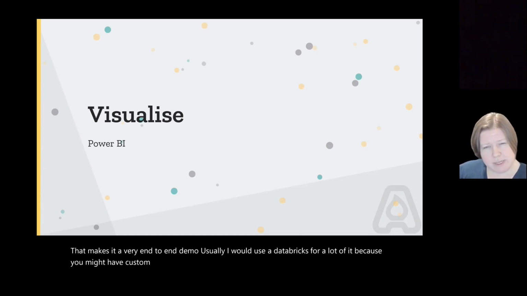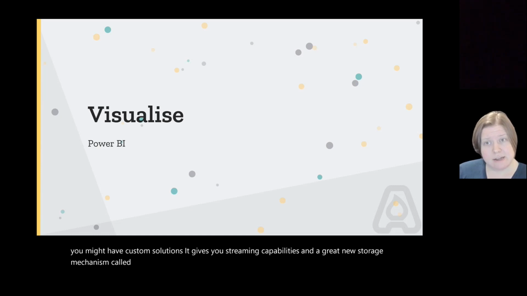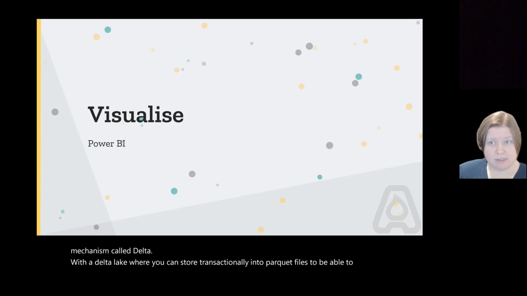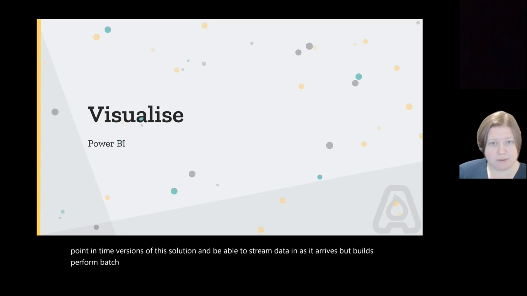It gives you streaming capabilities and a great new storage mechanism called Delta Lake, where you can store transactionally into Parquet files to be able to retrieve point-in-time versions of the solution and be able to stream data in as it arrives, but be able to perform batch analysis on the overall tables.